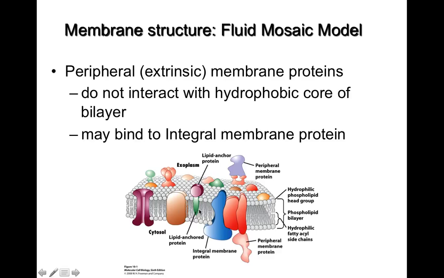For example, you can have lipid anchored proteins. These are proteins which contain a specific shape that will connect or embed itself into the phospholipid of the lipid bilayer here. So that would be a lipid anchored protein.